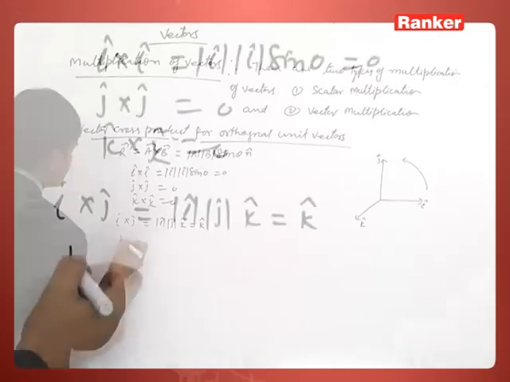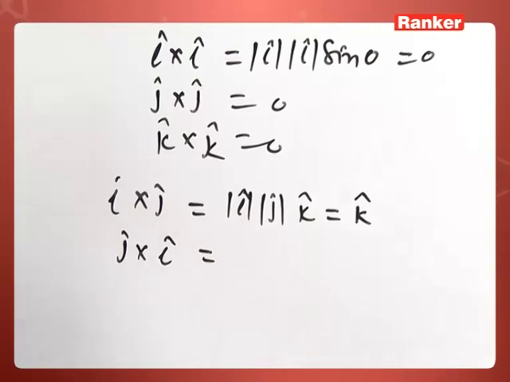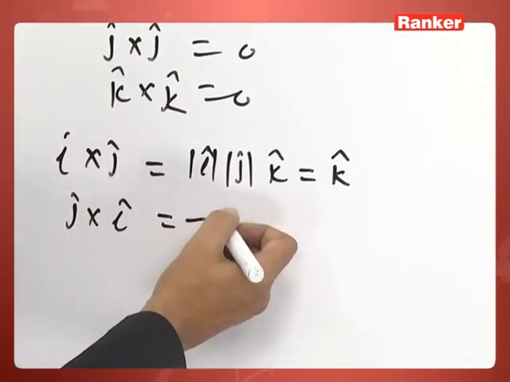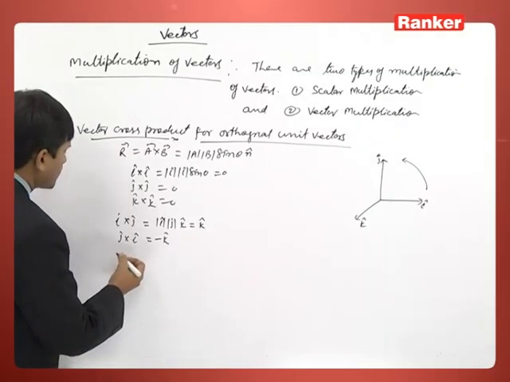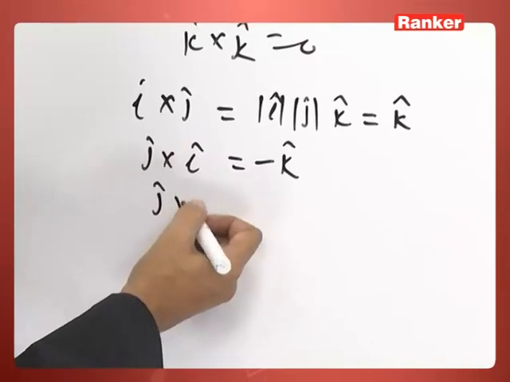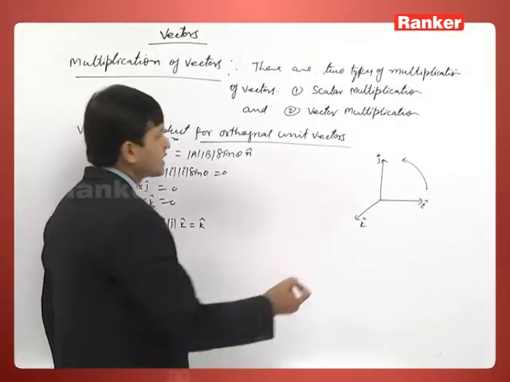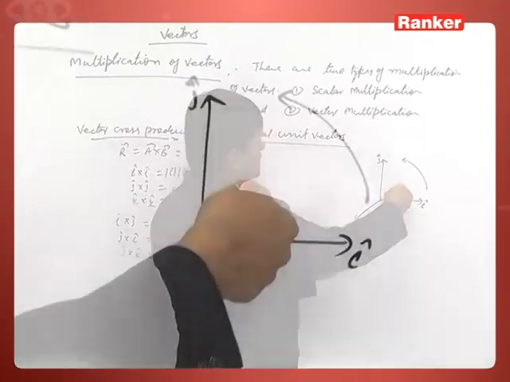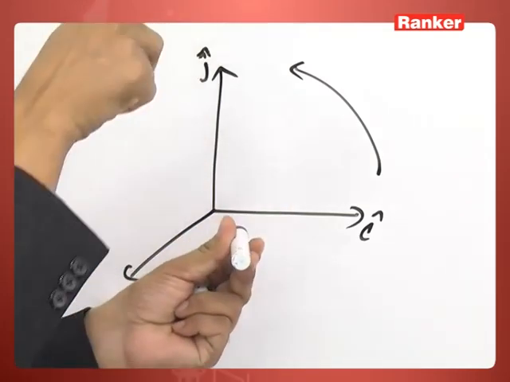Similarly, j cross i, as I said, these two are in opposite directions, so j cross i will be minus k cap. Now if we look at j cross k, this is your j and this is your k. We have to go like that.